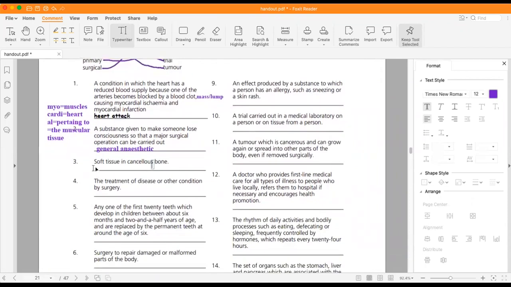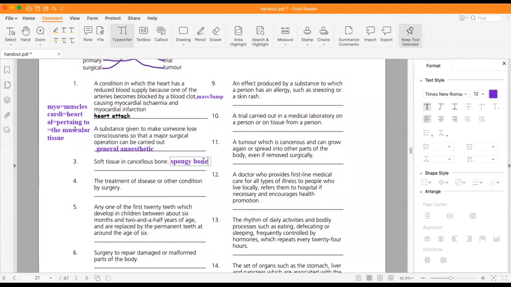All right. Number 3, soft tissue in cancellous bone. What is the cancellous? When we say cancellous bone, it means spongy bone. What is a spongy bone? This is one of the internal tissues of skeletal bone.